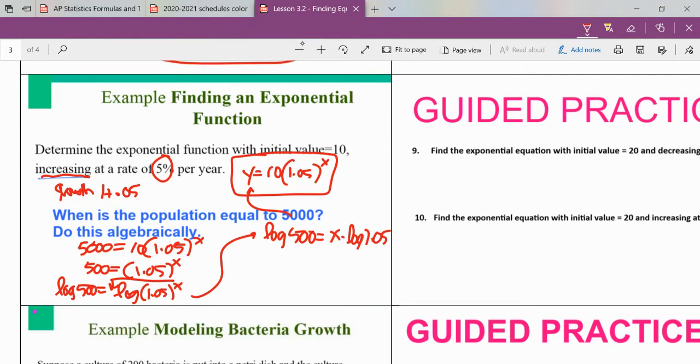And then I can just divide both sides by that log of 1.05. So x equals log of 500 divided by log of 1.05. So you can just type that in your calculator. And I believe if you do, it's approximately 127 or something like that.